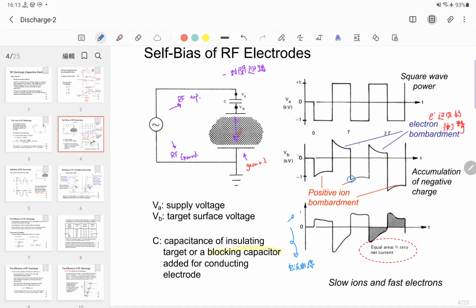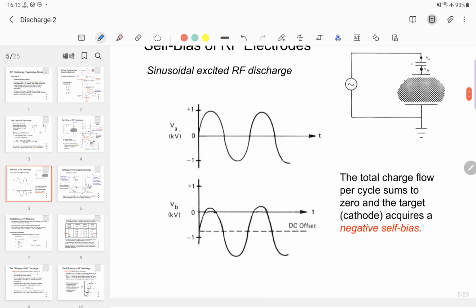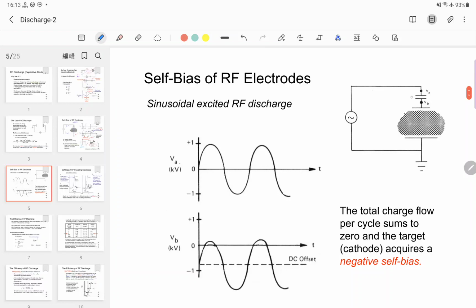The output voltage of the RF power supply starts from 0 volts and increases gradually to the maximum, for example plus 1000 volts, and then decreases to 0 volt and to minus 1000 volt, like this.